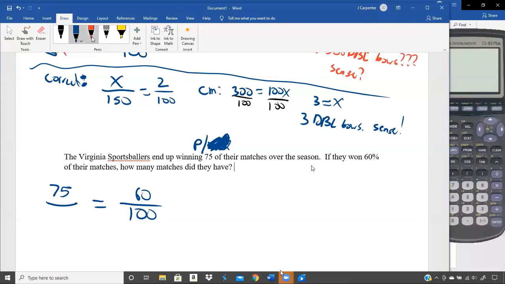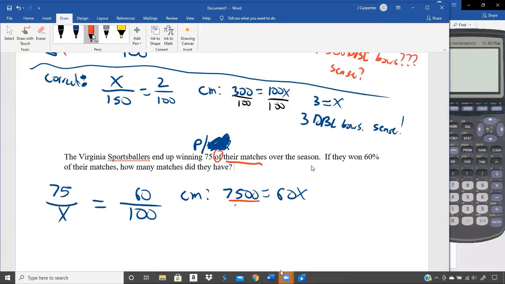Another way you can tell that it's the part is because anything that comes after of is the whole. So here's the word of, so the next thing would be the whole, and that's their matches. 75 is not the number of matches, that was the number of winning matches, a smaller portion of the matches. That's why we call it a part versus a whole. All right, so that makes the bottom an X. We're going to cross multiply, and we'll get 7,500 is equal to 60x.